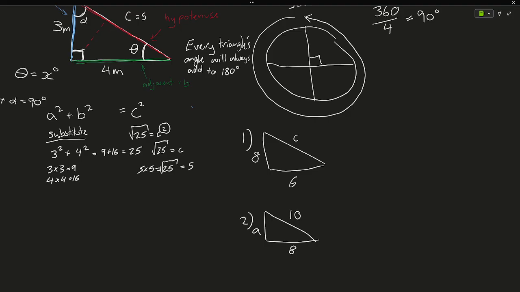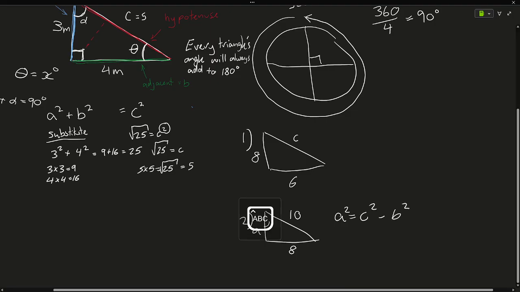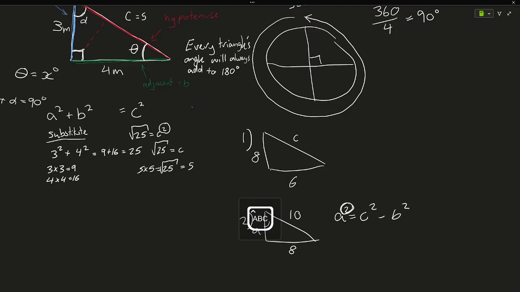A squared equals C squared minus B squared. And remember, you need to get rid of this squared symbol. So in order to get rid of it, you square root it. You can find it on most calculators. Pretty much on every calculator you'll find the square root symbol, which will give you A. Okay.